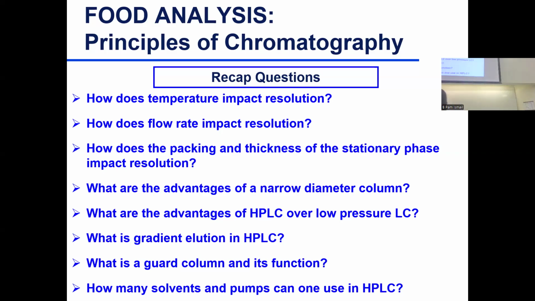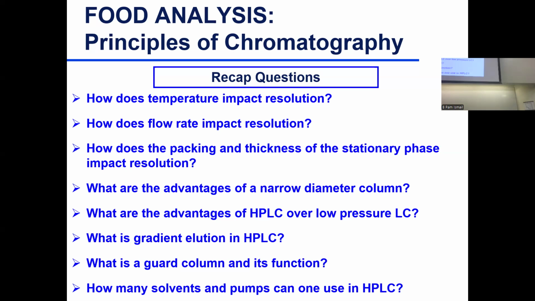Yes, Lizzie. What is the difference between packing and thickness? Because a more densely packed column would have greater resolution, right? Right. Densely packed means your particles don't have a lot of open space between them. So would that inherently make a thinner column? No, not necessarily. You can have a packed column with a lot of stationary phase, but it's well packed.